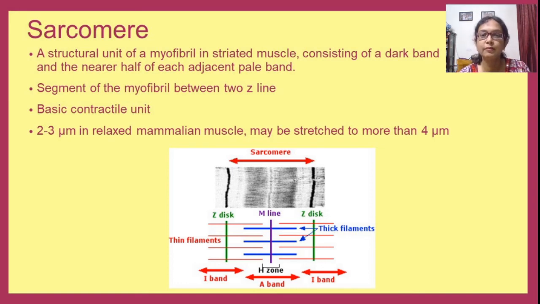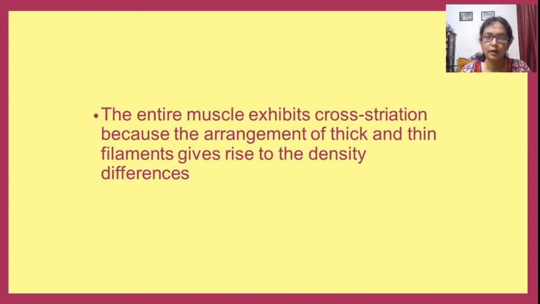One very important thing: in relaxed mammalian muscle, the sarcomere is only 2 to 3 micrometer, but in stretched condition it can get up to 4 micrometer. Now the entire muscle exhibits cross striation, with the dark and light bands, so it is known as striated skeletal muscle.